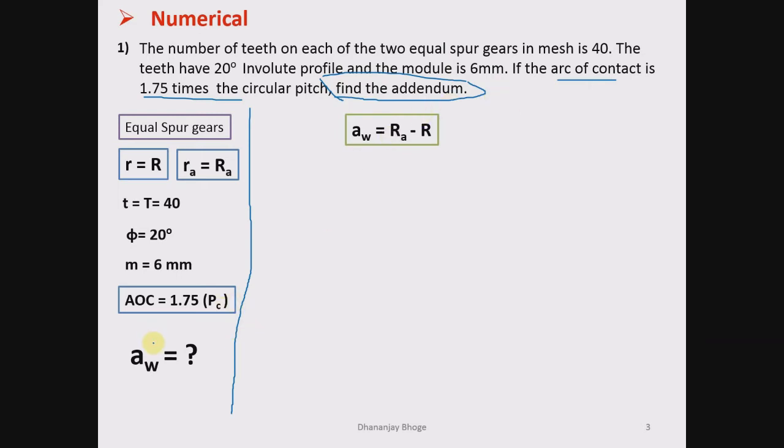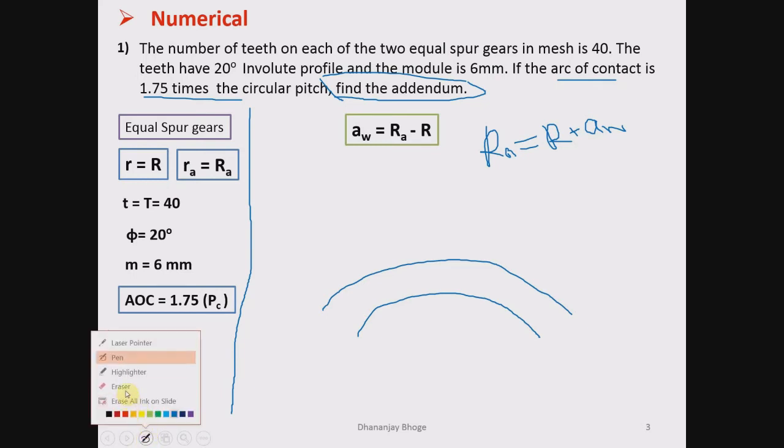So what do we want now? AW, addendum of wheel. What we know that addendum circle radius is pitch circle radius plus addendum, correct? This is the dedendum circle. This is, just a second.